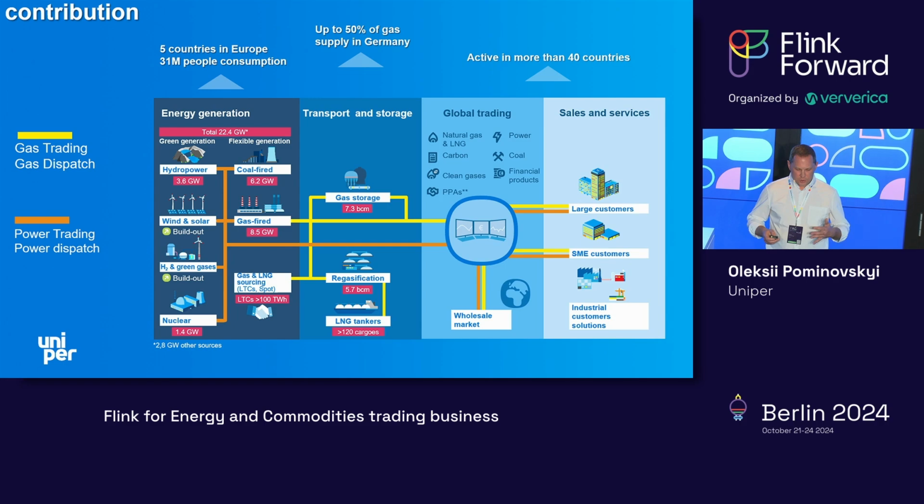Another area where Uniper is especially prominent is gas trading and supply. At the peak, the company satisfies up to 50% of the total gas supply in Germany. And as I already mentioned before, Uniper operates its own storage facilities which are used not only by Uniper, but by other companies as well.